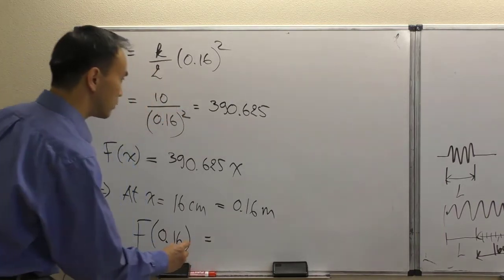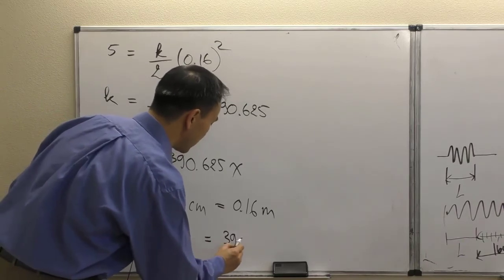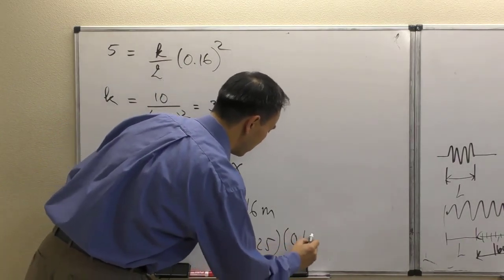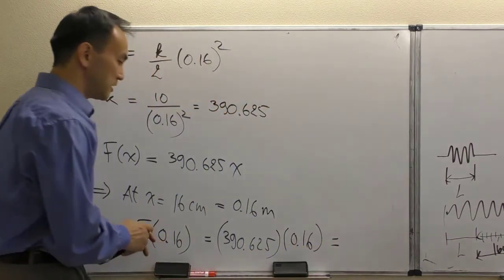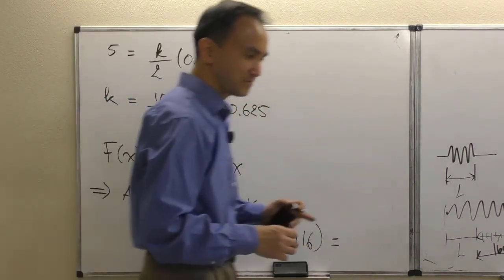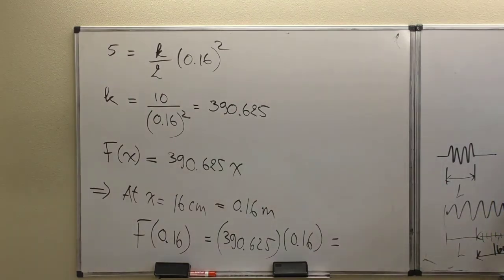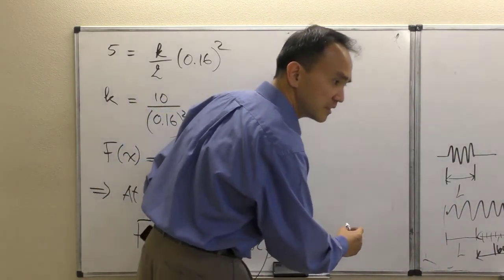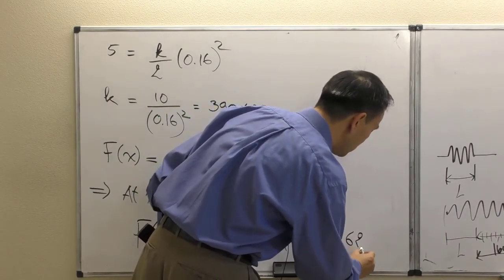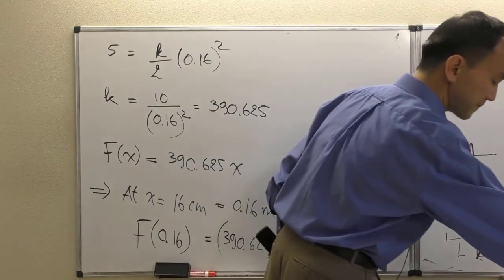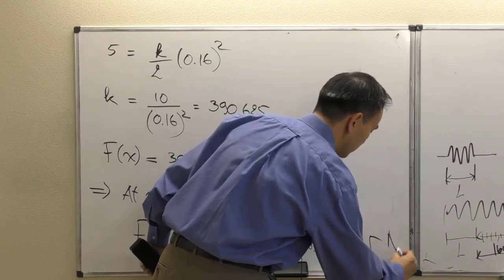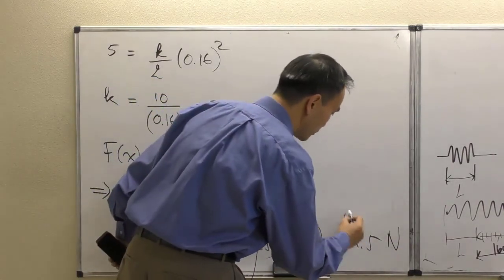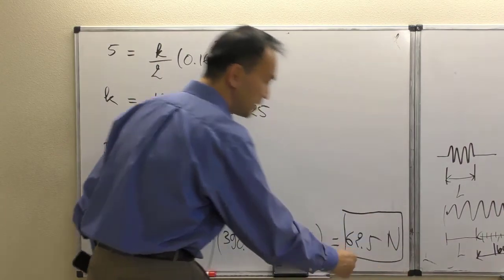And so now that is going to give me 390.625, and I'm multiplying that with 0.16, and my final calculation came out to be 62.5, in international units. It's force, so it's 62.5 newtons right here.